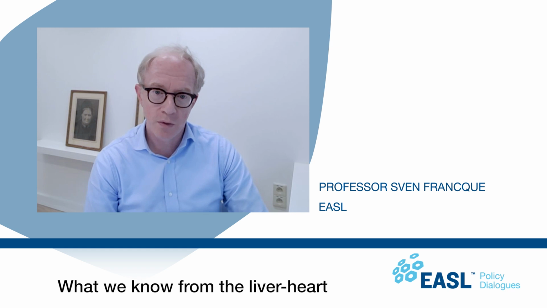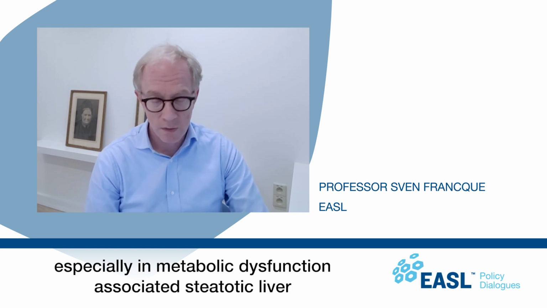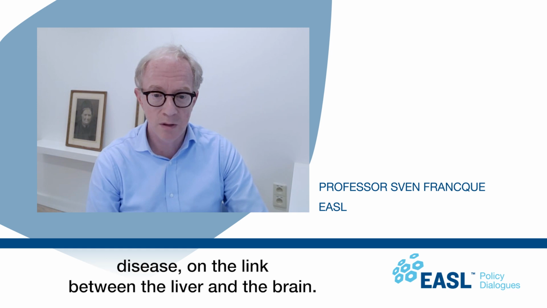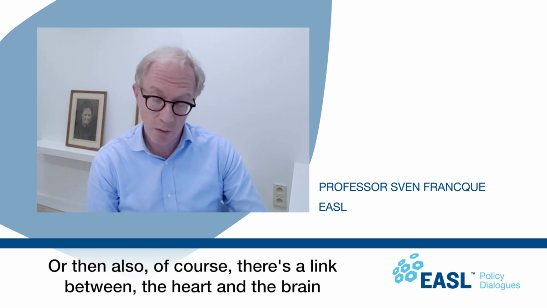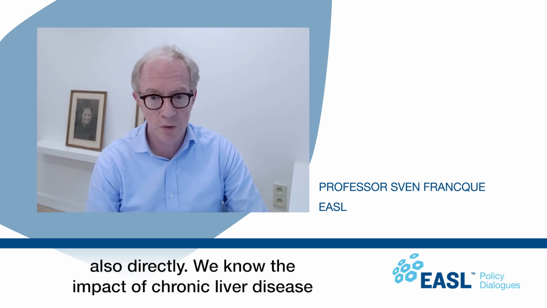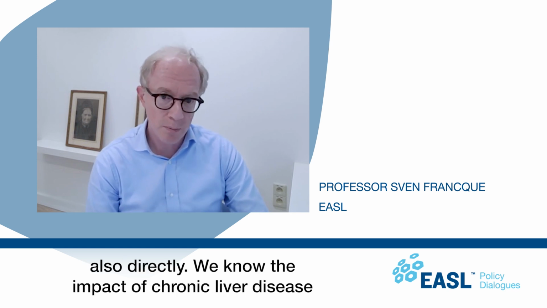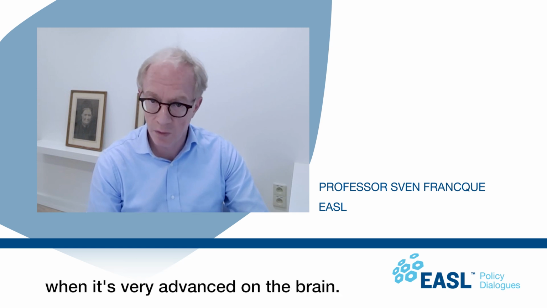What we know from the liver-heart axis is more substantial than what we know, especially in metabolic dysfunction associated steatotic liver disease, on the link between the liver and the brain. And then, of course, there's also a link between the heart and the brain directly. We know the impact of chronic liver disease when it's very advanced on the brain.